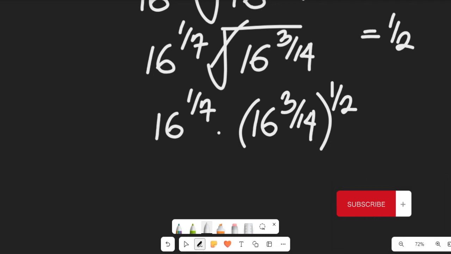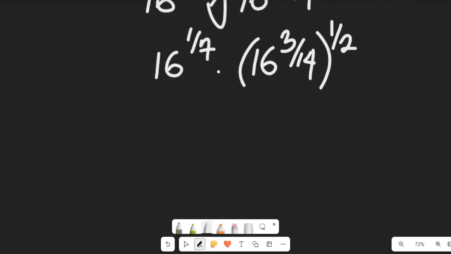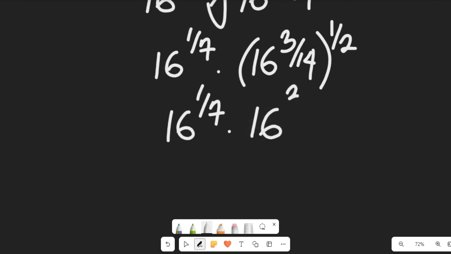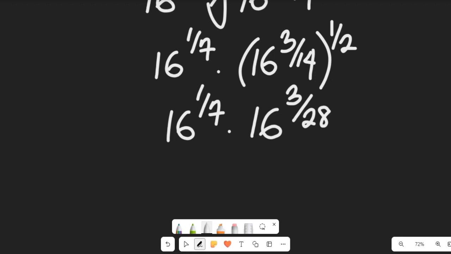So what do we have? We'll have that expression to now give us 16 to the power of 1 divided by 7 multiplied by, while this multiplies this will give us 16 to the power of 3 divided by 28. So that will give us 3 divided by 28.